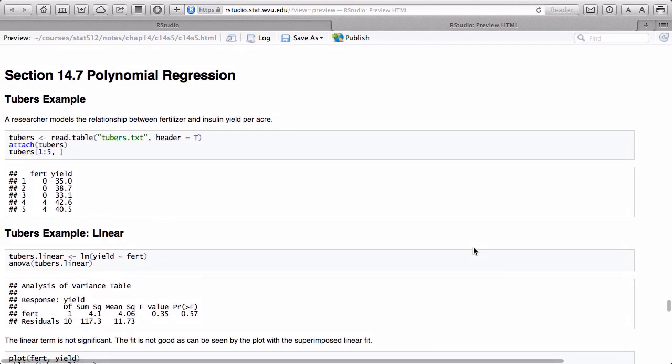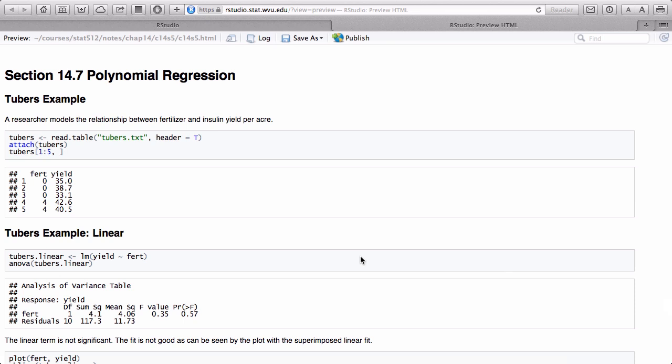Okay, the final topic is polynomial regression. Suppose you want to know the relationship between fertilizer and yield per acre.